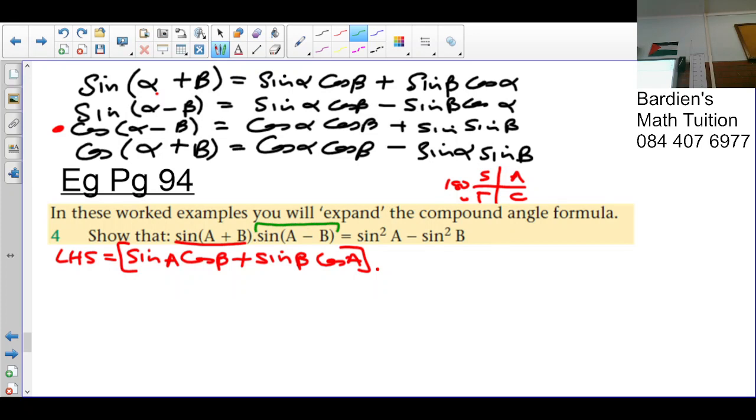So what can sin of a minus b be written as? This can be written as sin a cos b minus, as you can see I'm using this formula here, minus sin b cos a.